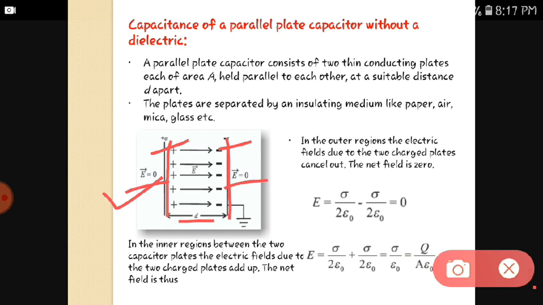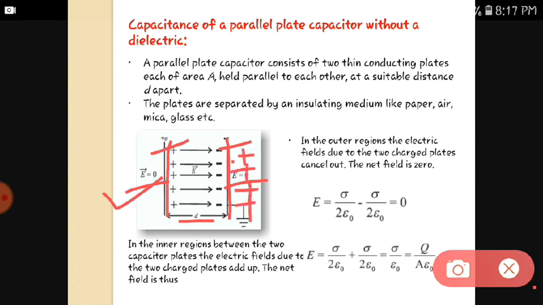We are giving a charge plus q to the first plate, then a charge of minus q is induced on the inner part of the other plate, and positive is actually over here on the outermost part.